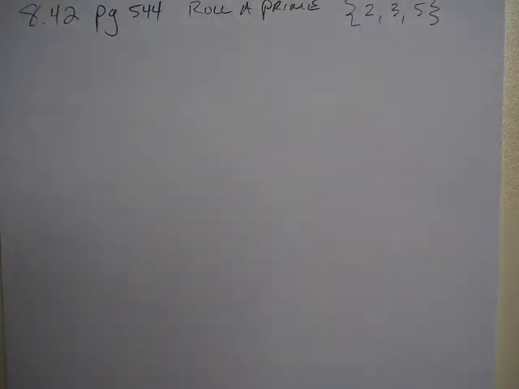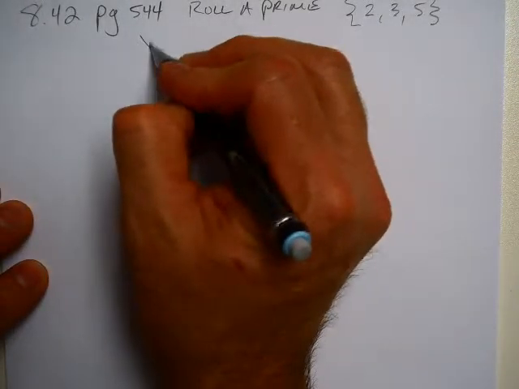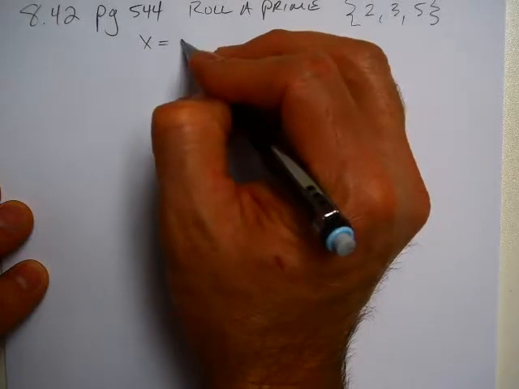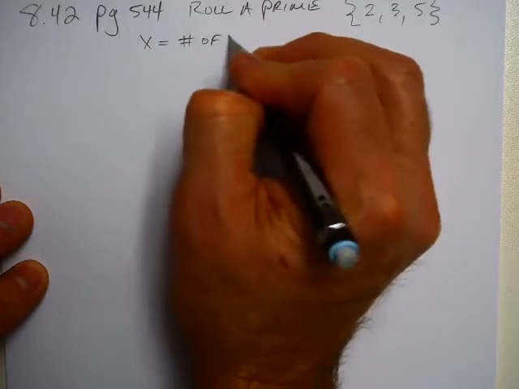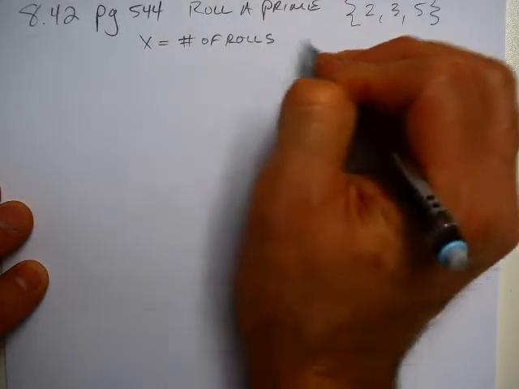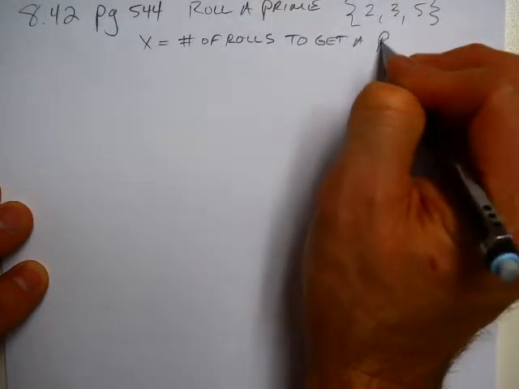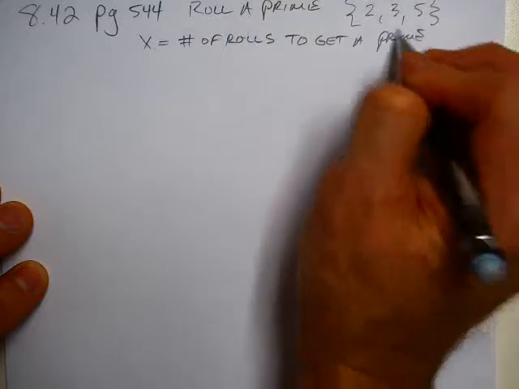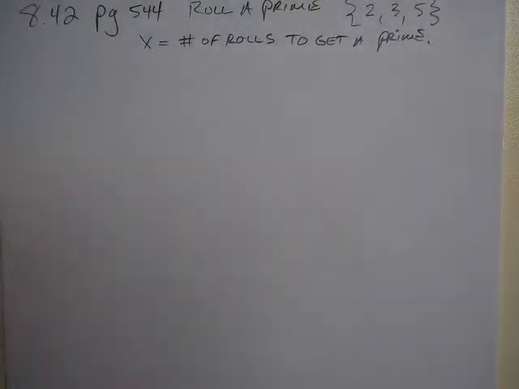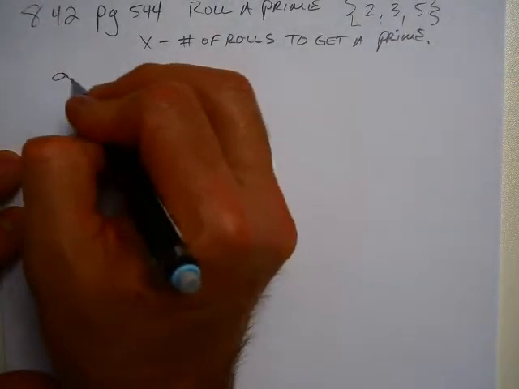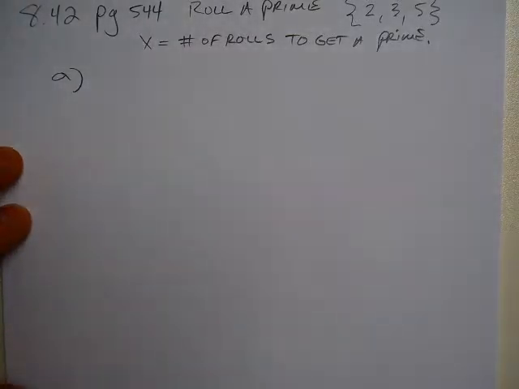So X is the number of rolls to get a prime. Part A asks us to just verify that it's geometric.